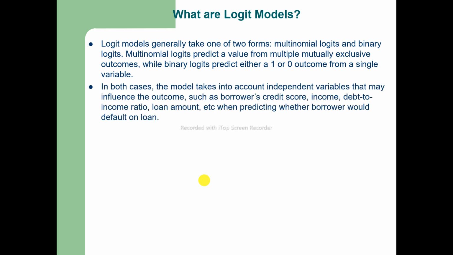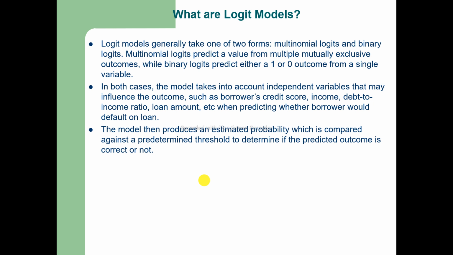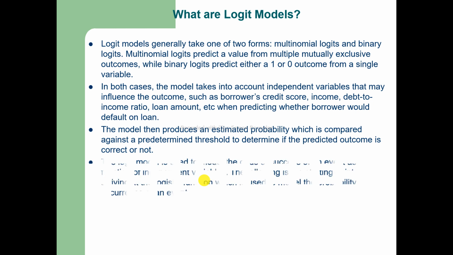In both cases, the model takes into account independent variables that may influence the outcome, such as the borrower's credit score, income, debt to income ratio, loan amount, etc., when predicting whether the borrower would default on a loan or otherwise. The model then produces an estimated probability which is compared against a predetermined threshold to determine if the predicted outcome is correct or not.